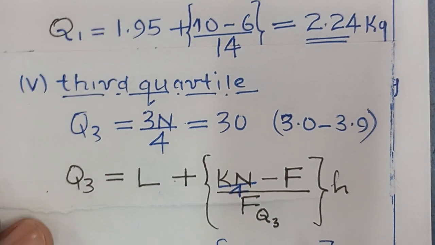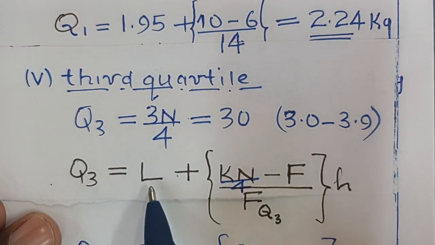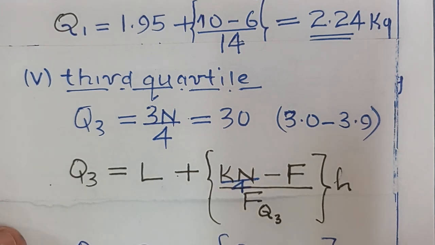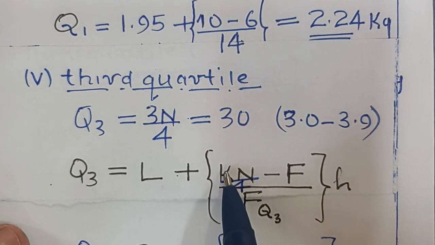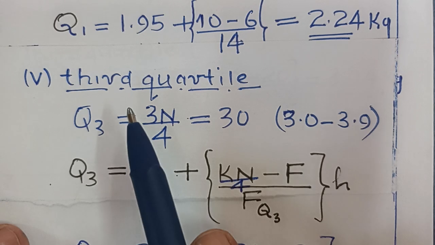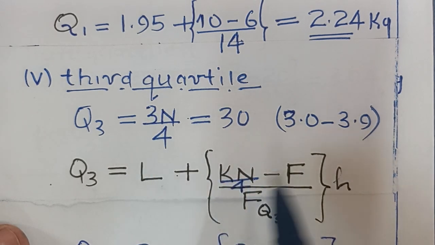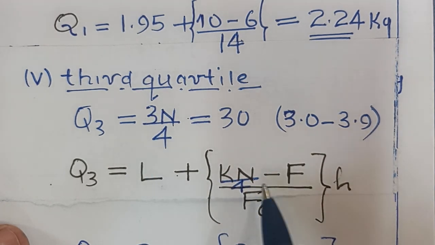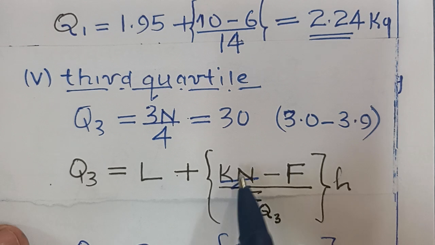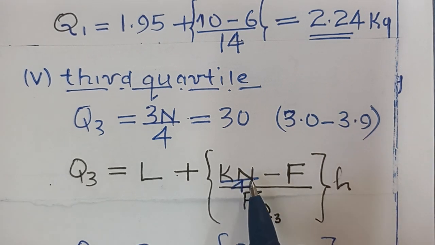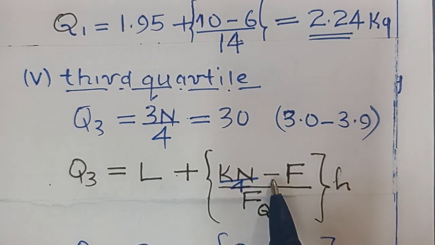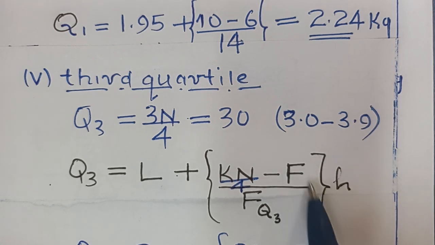Guys, now we do likewise as we have done. This is lower boundary of the quartile class, which is 2.95. And here we have 3 quarter. Remember that third quarter is 3 all over 4. 3 quarter, we multiply by 40, which is now the total frequency overall, minus F, which is cumulative frequency before the quartile class.